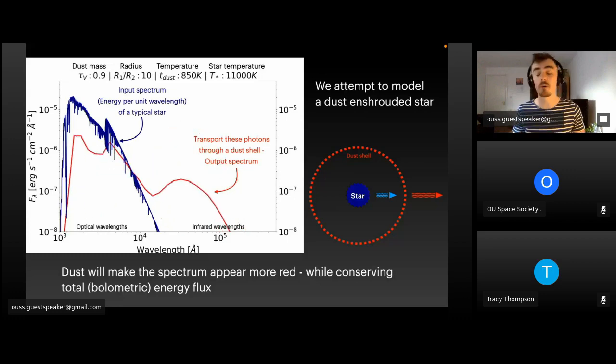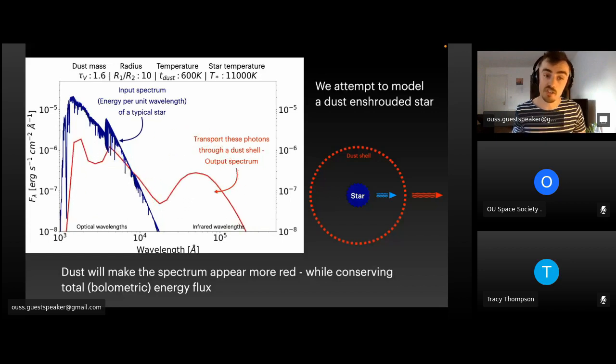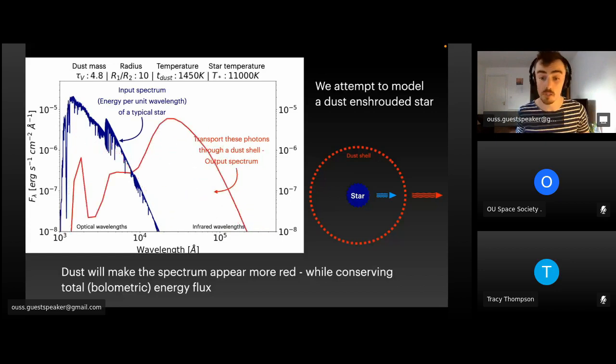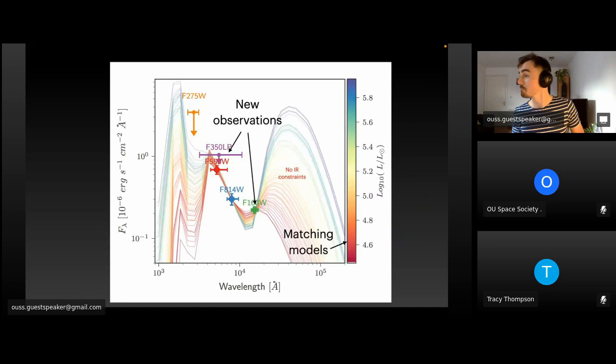So we can take our observations from 2021, run them through this pipeline and see, can we throw any amount of dust into the system to get our observations to match a star hiding behind some dust. So we did that, and this is the plot we get. The plot is a little bit askew. The colored lines are the matching dust model, so that was the moving red line from the previous slide.